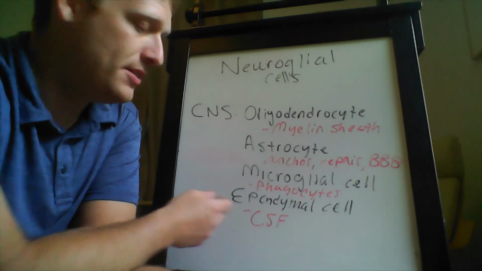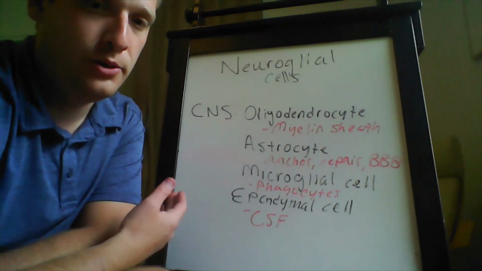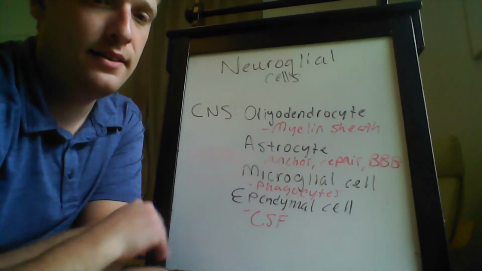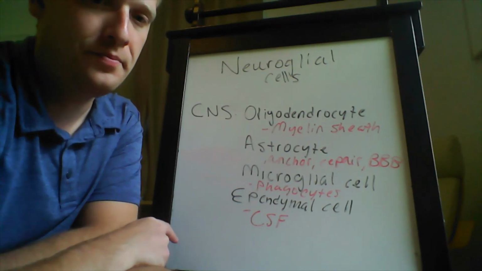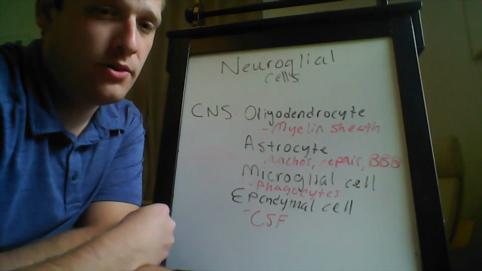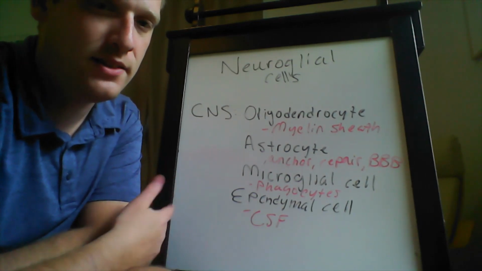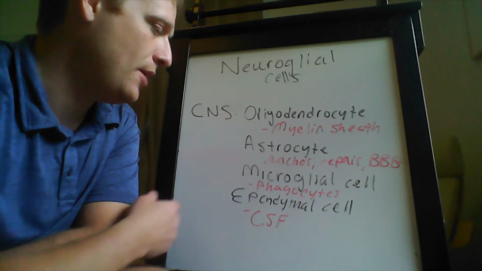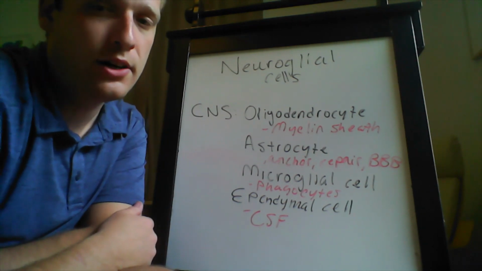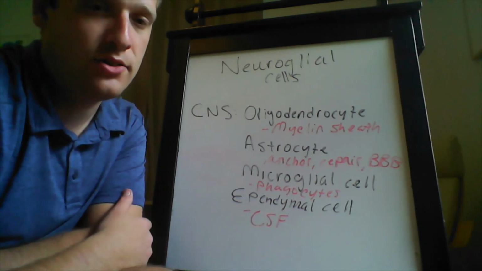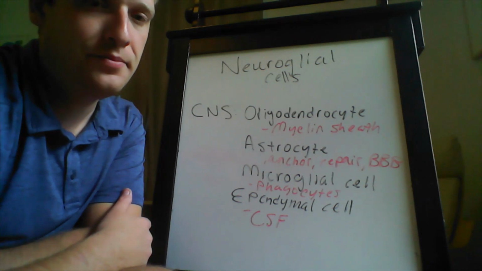Some of them even secrete cerebrospinal fluid and pass this cerebrospinal fluid around. Cerebrospinal fluid is a nutrient and oxygen-rich fluid that bathes nervous tissue. So ependymal cells are critical for circulating cerebrospinal fluid, or CSF.